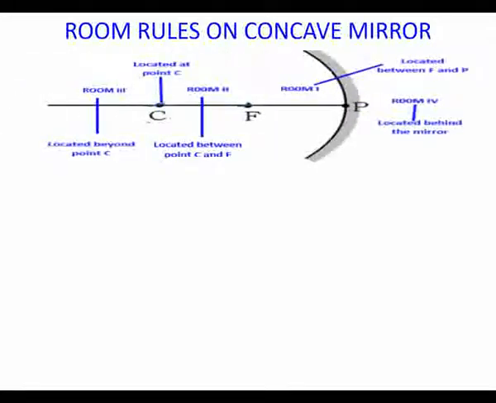To understand more about the image properties on the concave mirror, we can use the room rules on the concave mirror. To understand the room rules, first we should know the location of the rooms.